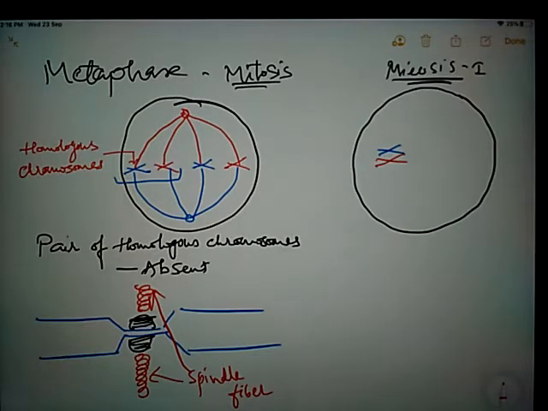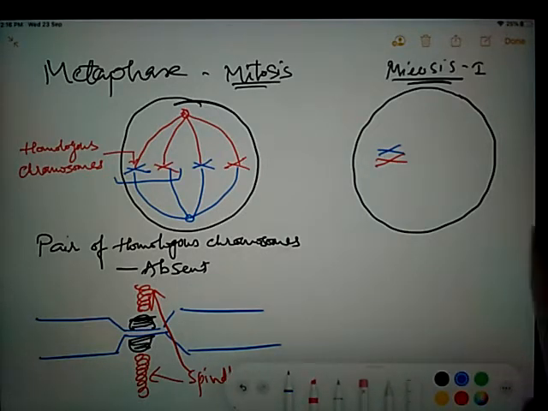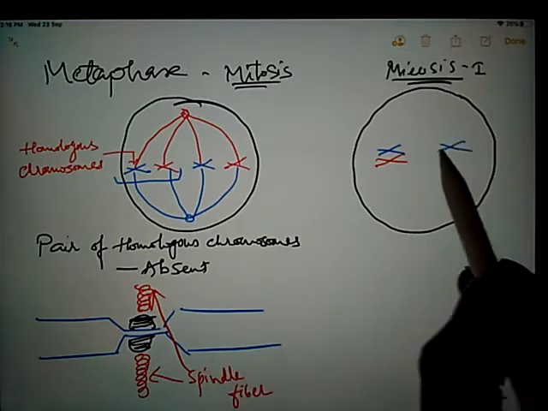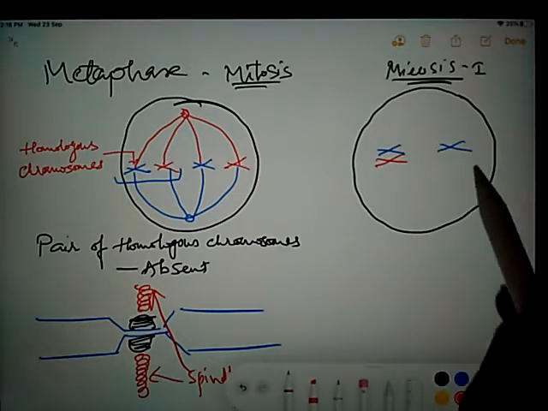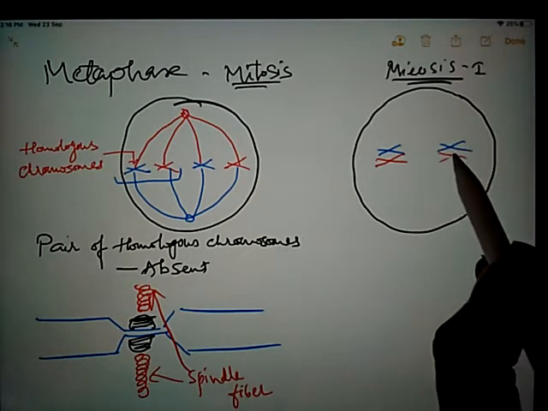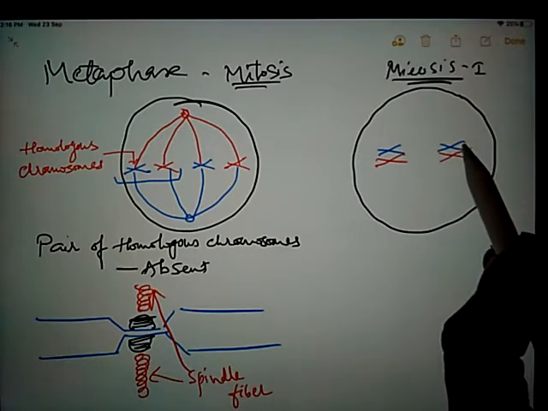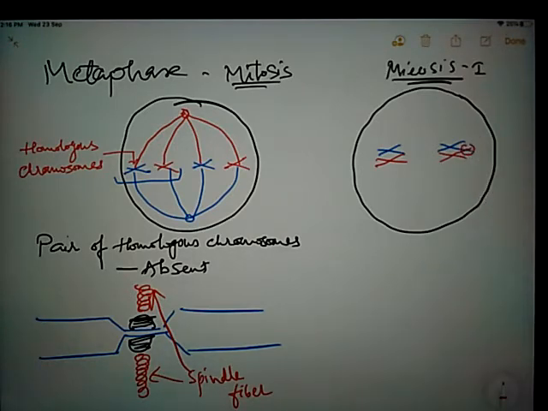I hope you are clearly getting this point. And this is the synapsis, where they are joined together. That is where we ended prophase 1.